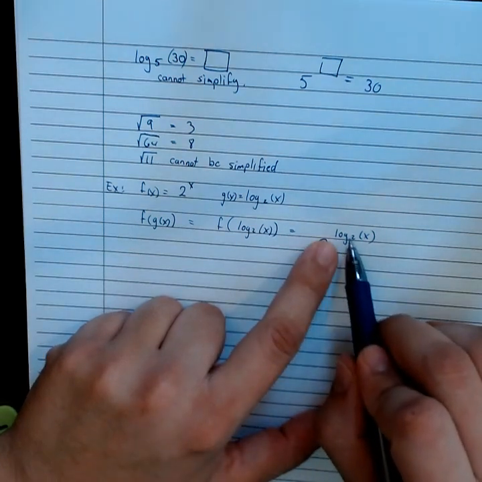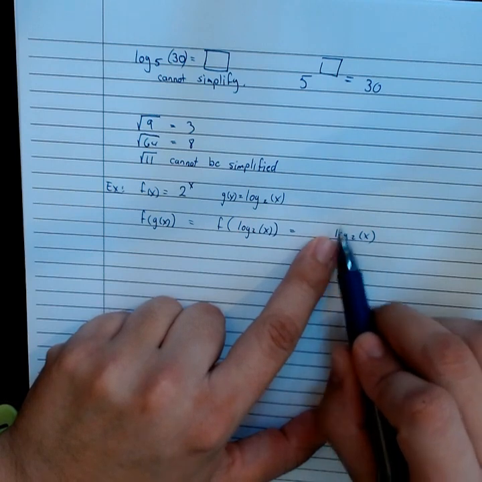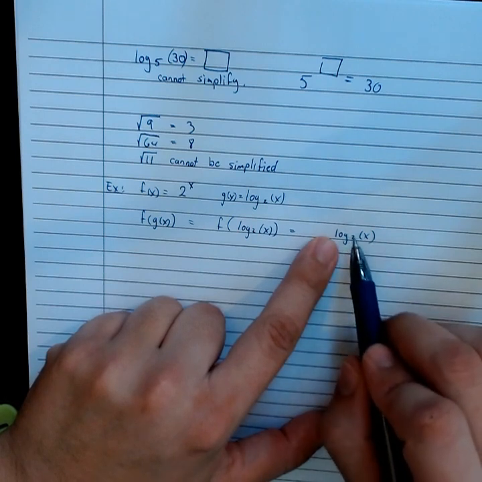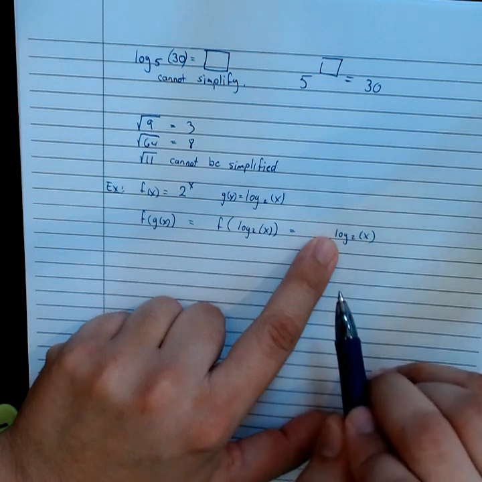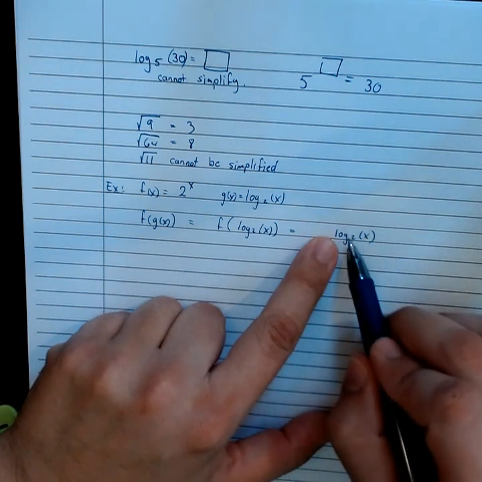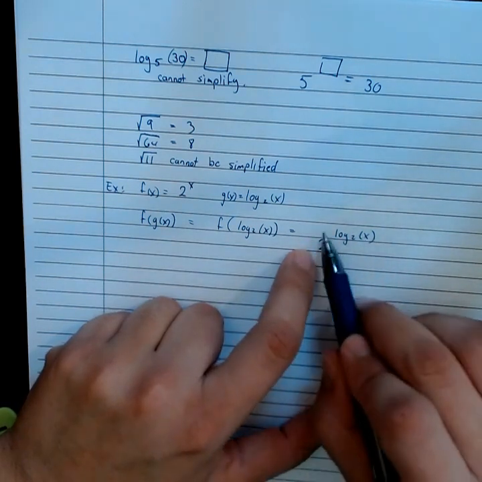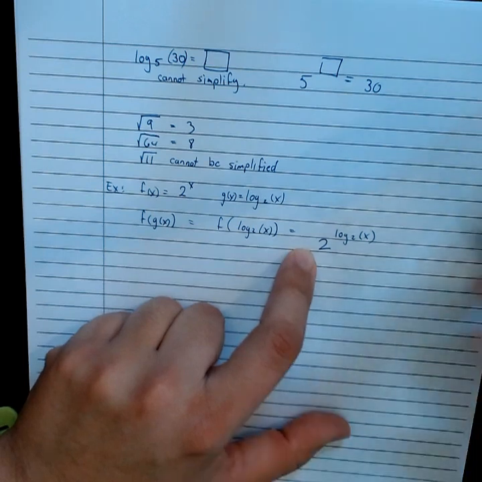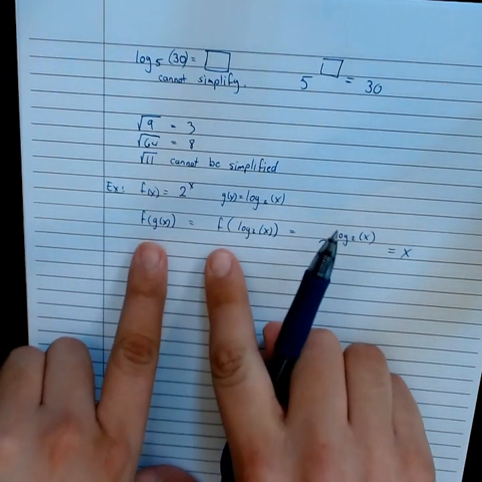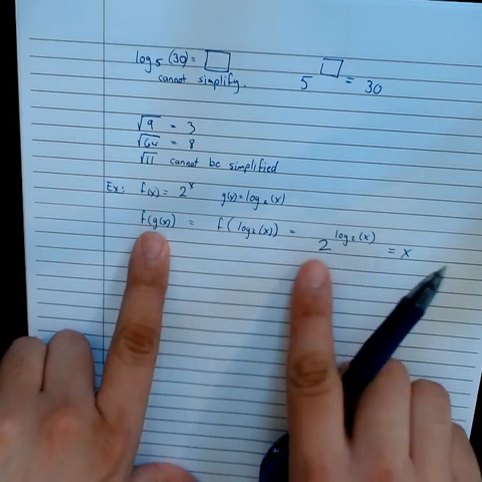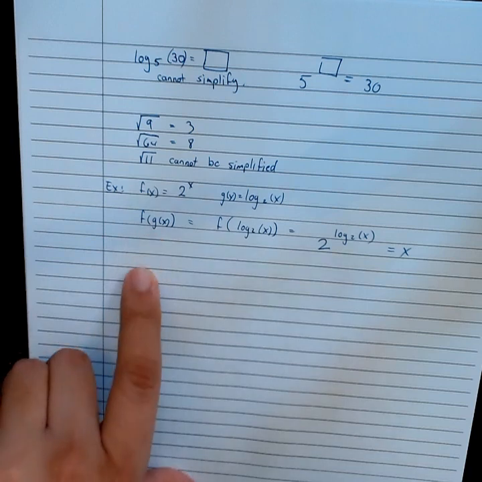If I have log base 2 of x, the answer to this will tell me what power I should put on the number 2 to get x. Whatever number this is, if I raise 2 to that power, I'll get x. But now I'm going to take 2 and raise it to that power, which means I'm going to get x again. So notice, if I compose them, if I plug one function into the other, they cancel each other out. I'm left with just my x.